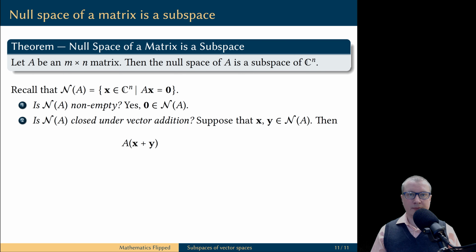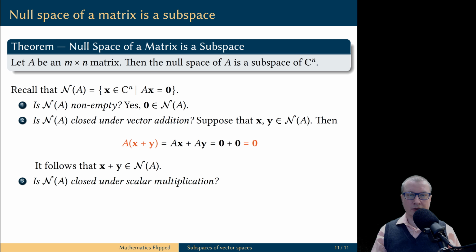We know that matrix multiplication distributes over addition. Also, x is an element of the null space of A, therefore Ax is the zero vector, and y is an element of the null space of A, so Ay is the zero vector. Zero vector plus zero vector is the zero vector. This computation shows that the vector x plus y belongs to the null space of A.